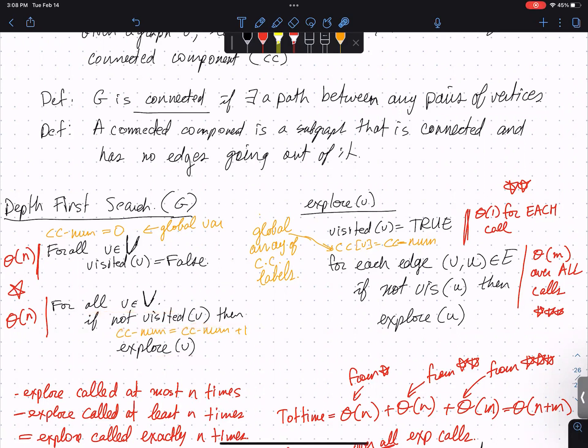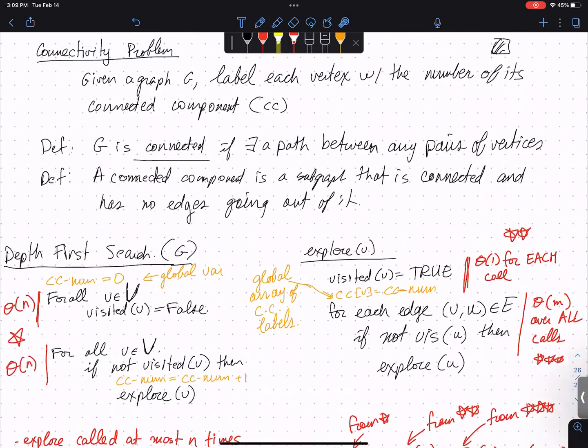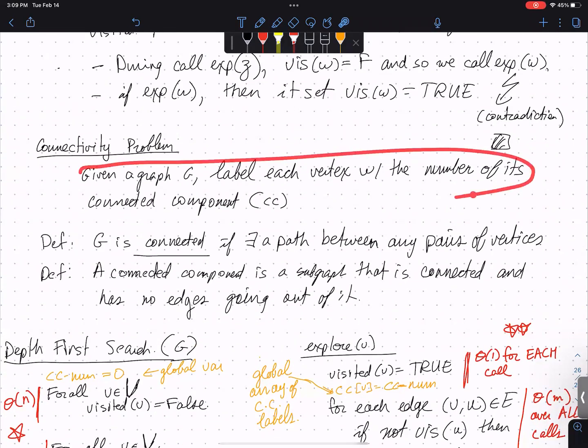When that explore is done, it's done with that connected component, and we restart explore from some other unvisited vertex until we've visited everything. That was DFS, depth first search. And we right away saw how it can be useful to find connected components in a graph.